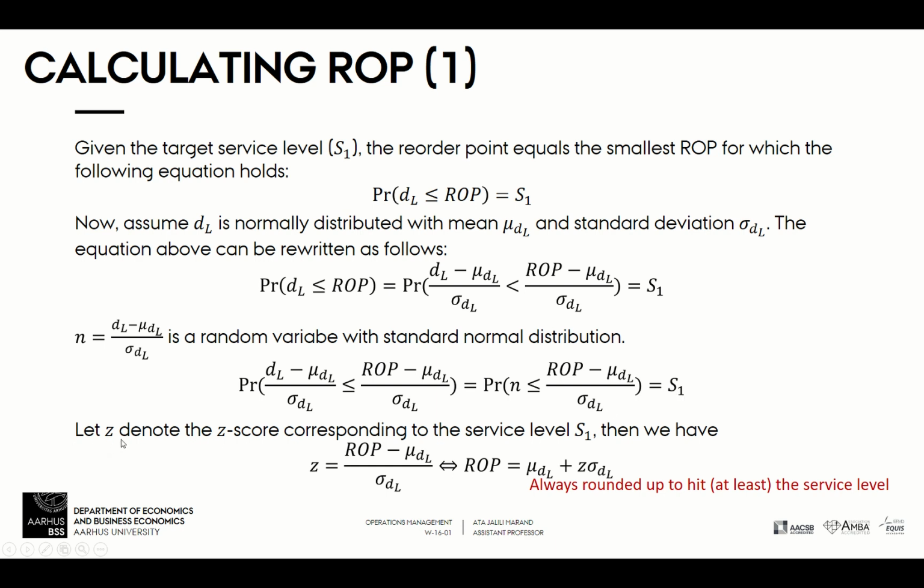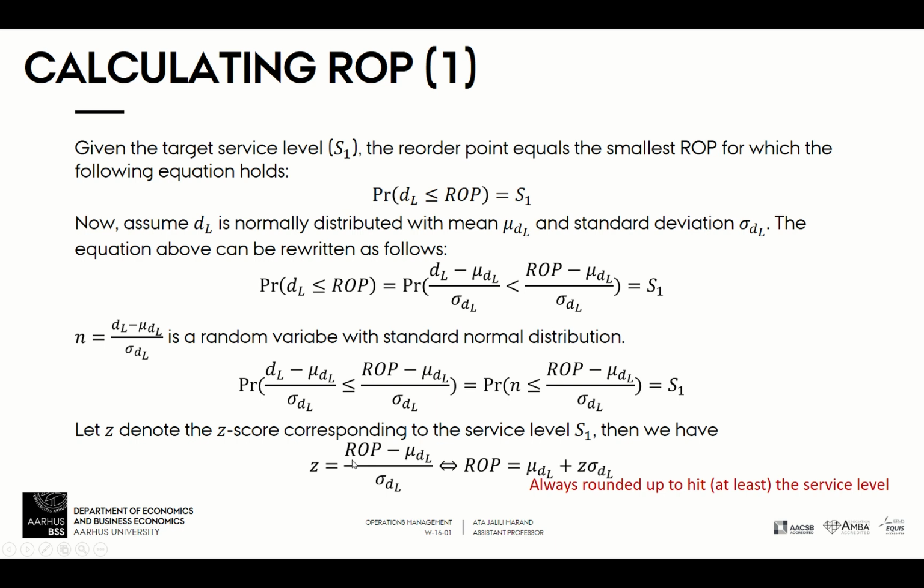If we define Z as the Z-score corresponding to the service level S1, so if we have S1, then the Z-score from a standard normal distribution can be easily calculated. Let's denote this Z-score Z. Then we know that Z is equal to ROP minus mu DL divided by sigma DL. Z is calculated from S1. We know mu DL, we know sigma DL.